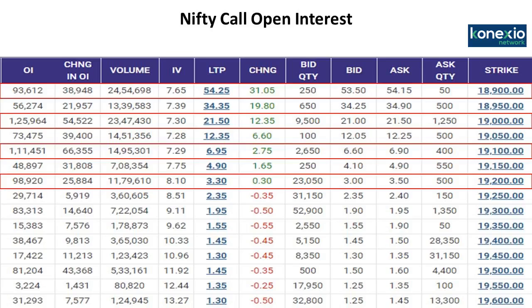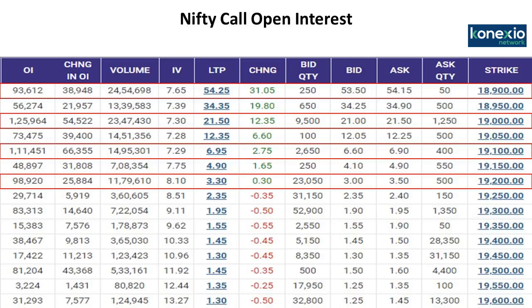Here you can see there has been a rise in the option premium, a rise in the volumes, open interest is also rising, and implied volatility is low, between 7.65 and 8.10. So it is clearly indicating that the trend is bullish. Smart money has already entered long.